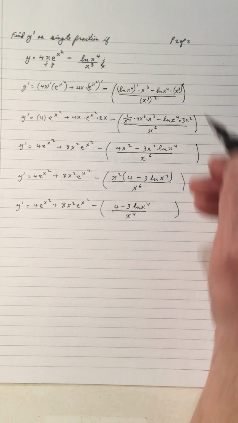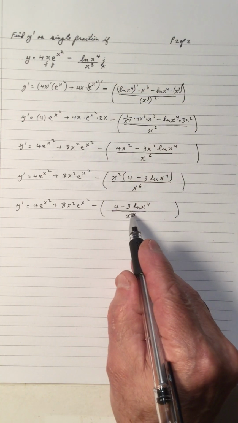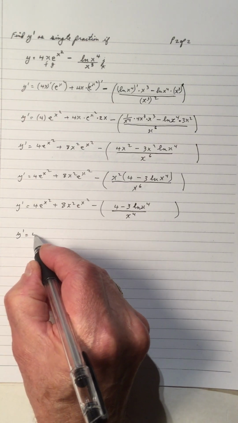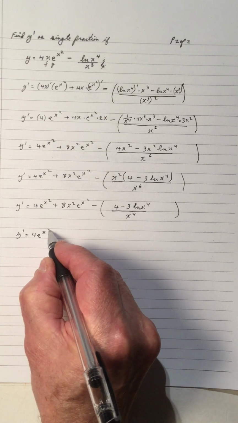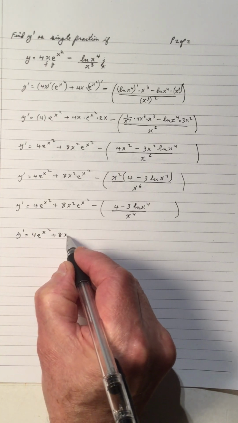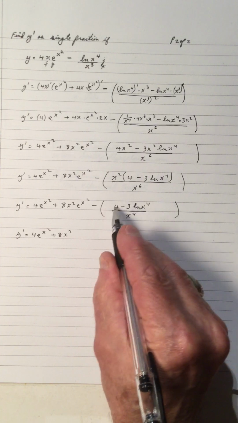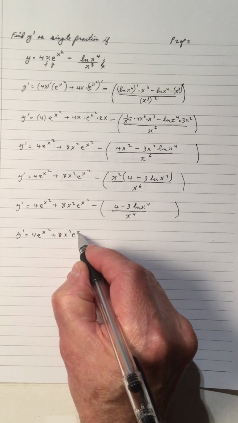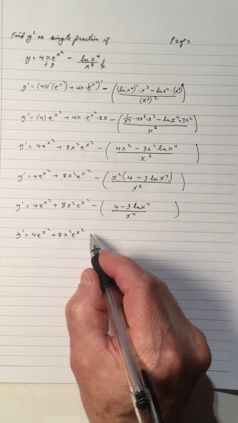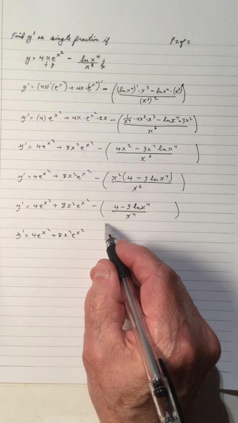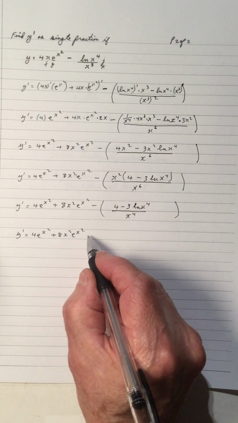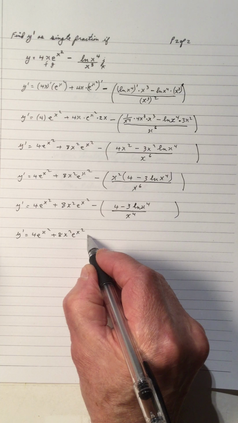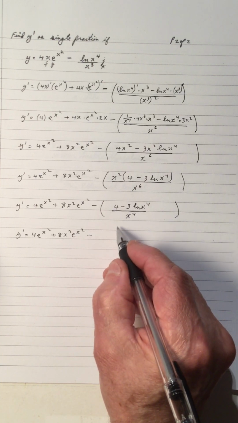Now we want it as a single fraction. There are a couple of ways I can do it, but one way is to express this as two fractions. So we have x to the fourth on the bottom, and that's a fraction, so I can distribute the negative.